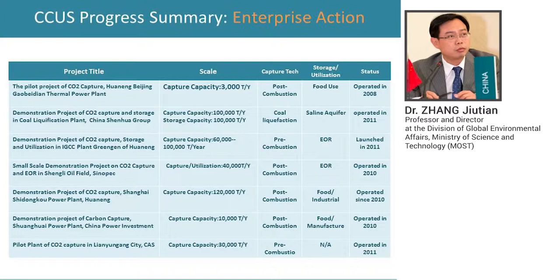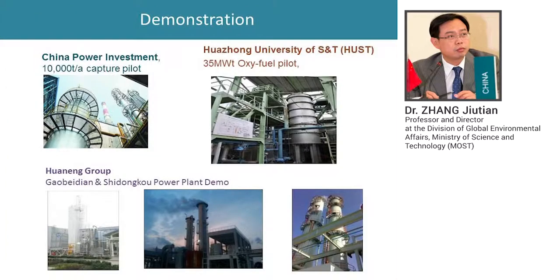In China now, the major energy enterprises have their own pilot or demonstration projects. For example, the China Power Investment built the pilot 8 years before. And the university has the pilot equipment. The Huaneng Group established 3 demos. One is in Beijing, one in Shanghai, and one IGCC in Tianjin.